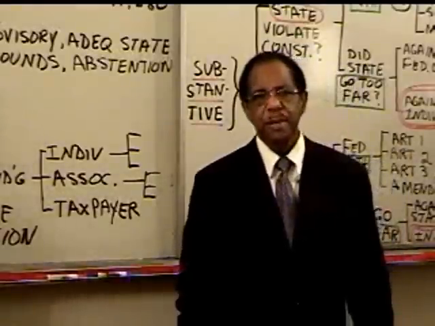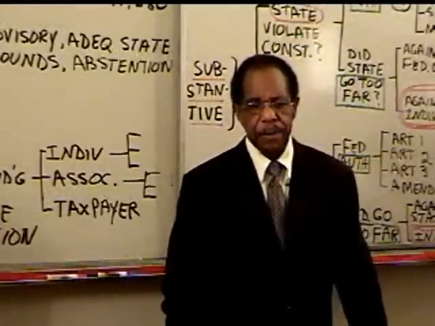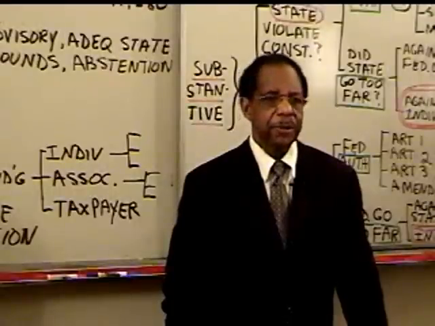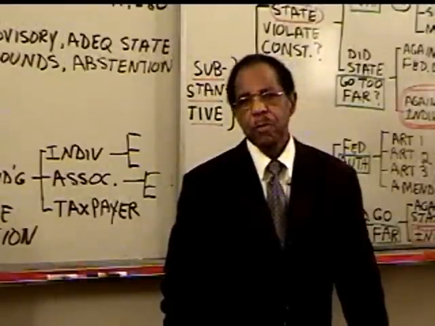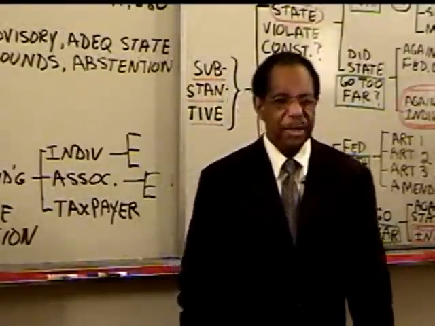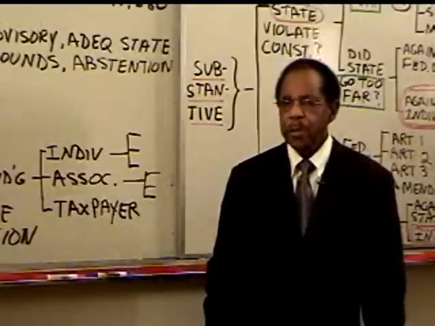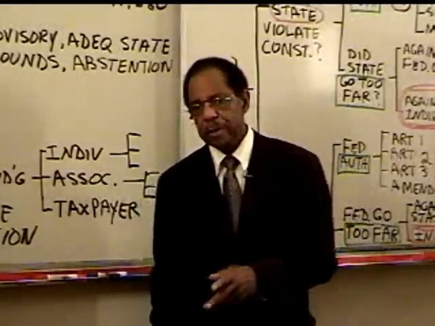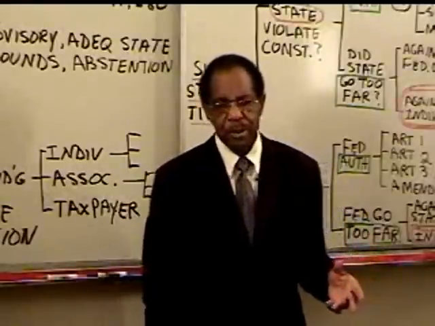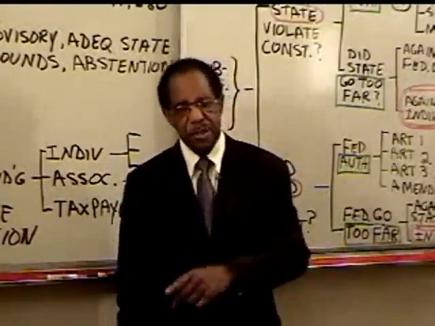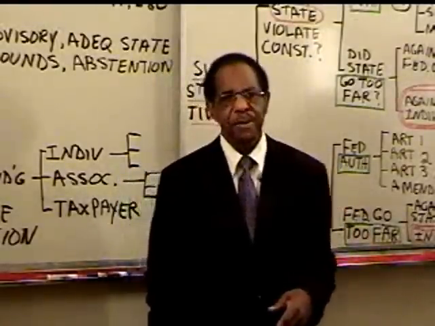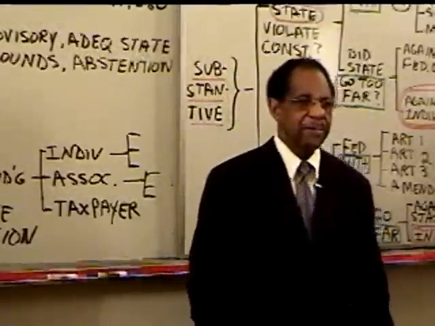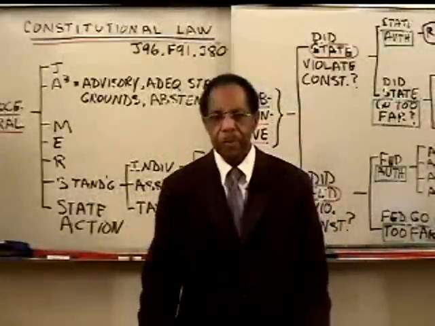There's a famous case in which the NAACP, during the Civil Rights era in the 1960s, where the state, Alabama I believe, wanted the NAACP to give it its membership list because it said, we believe these people are members of the Communist Party. And the NAACP says, no, we're not going to give you the membership list.